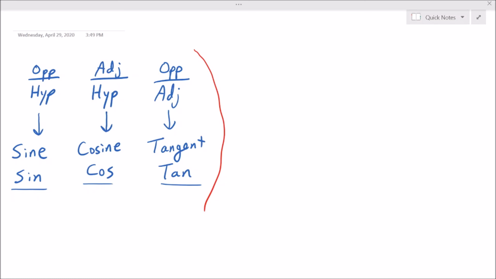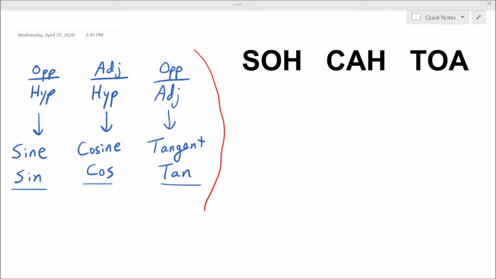So what I want to point out is there's a way to make it easier to remember these ratios and what they mean. And it's called SOH CAH TOA. Now, what is SOH CAH TOA? Well, if you look, the letters in SOH CAH TOA correspond to the information in these ratios over here. So that's SOH, right?